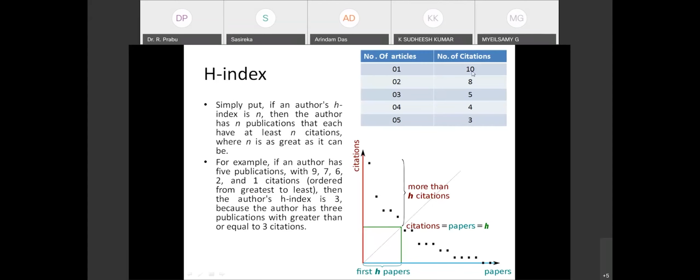So we have placed the number of citations from the highest to the lowest. The author has published 5 articles and these are the citations. Then the author's H index is 3.